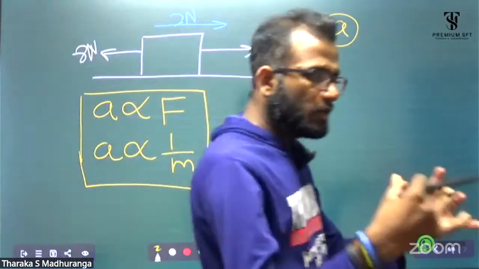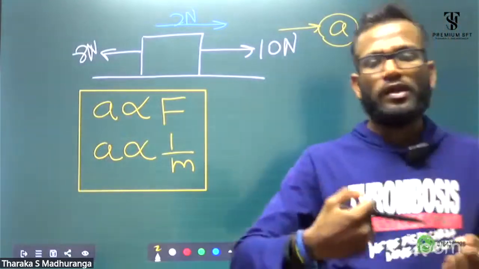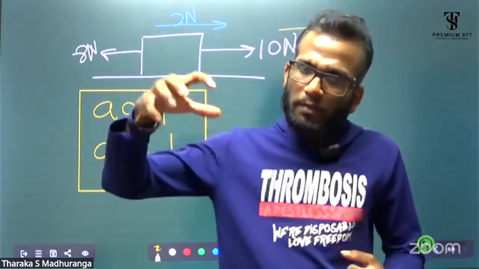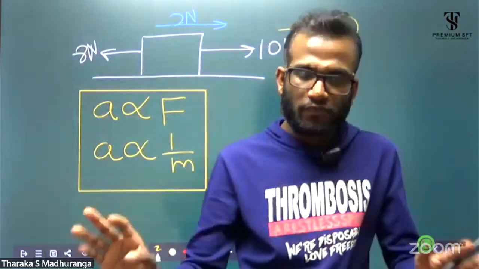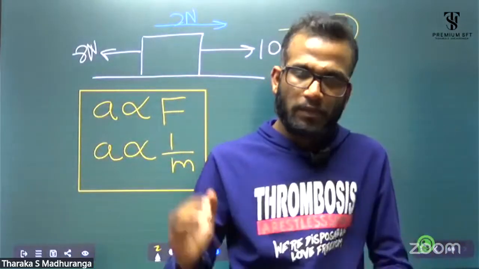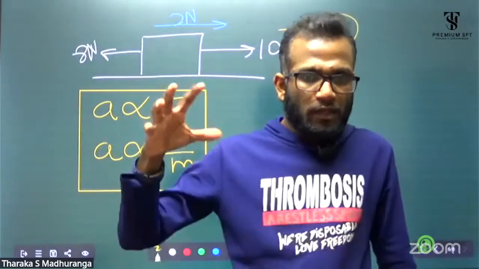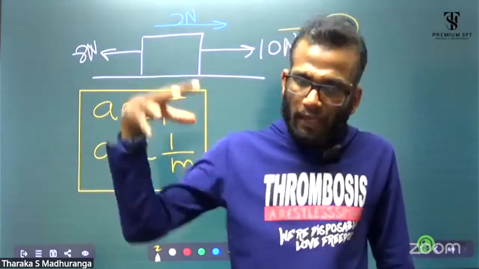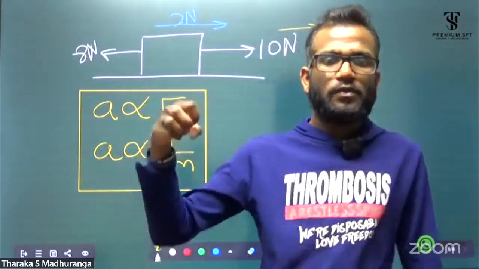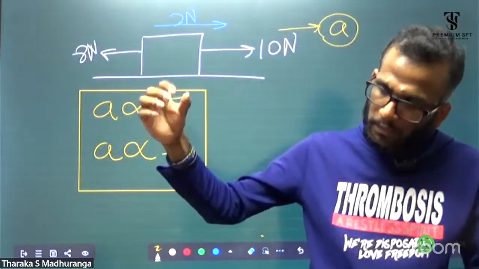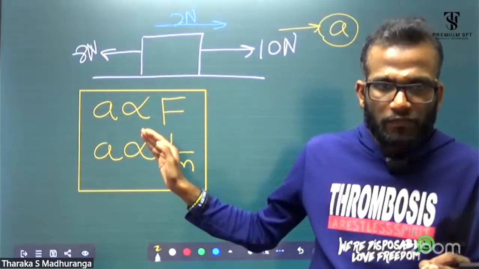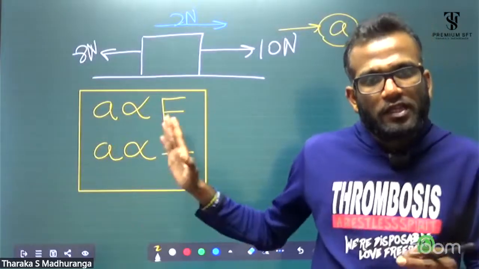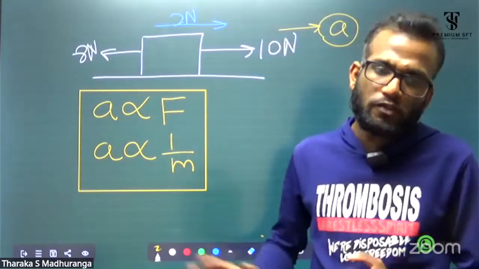What is the second law? In the previous law there is no unbalanced force and the object is already balanced. But in the second law, if there is an unbalanced force acting on an object, what happens? It accelerates. This acceleration is directly proportional to the unbalanced force, and inversely proportional to the mass of the object.